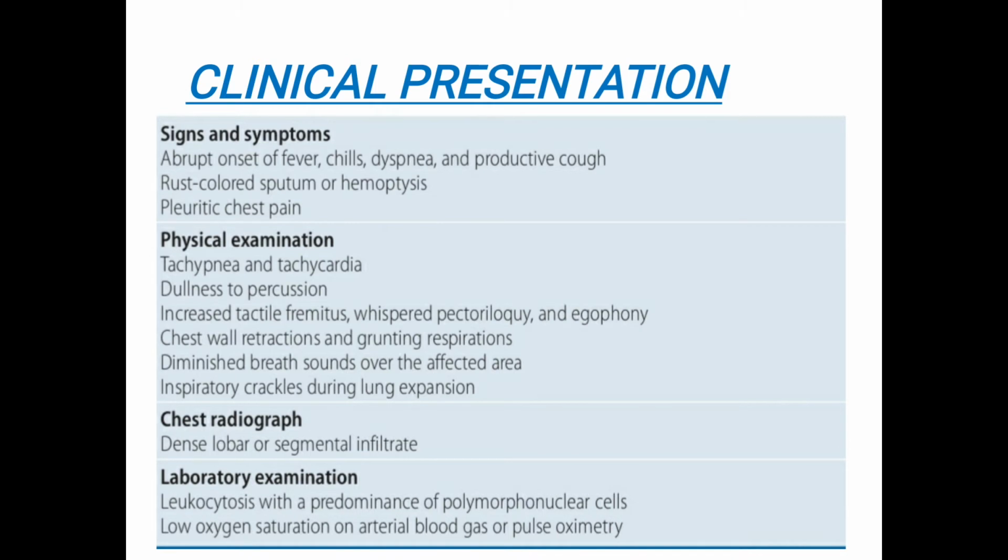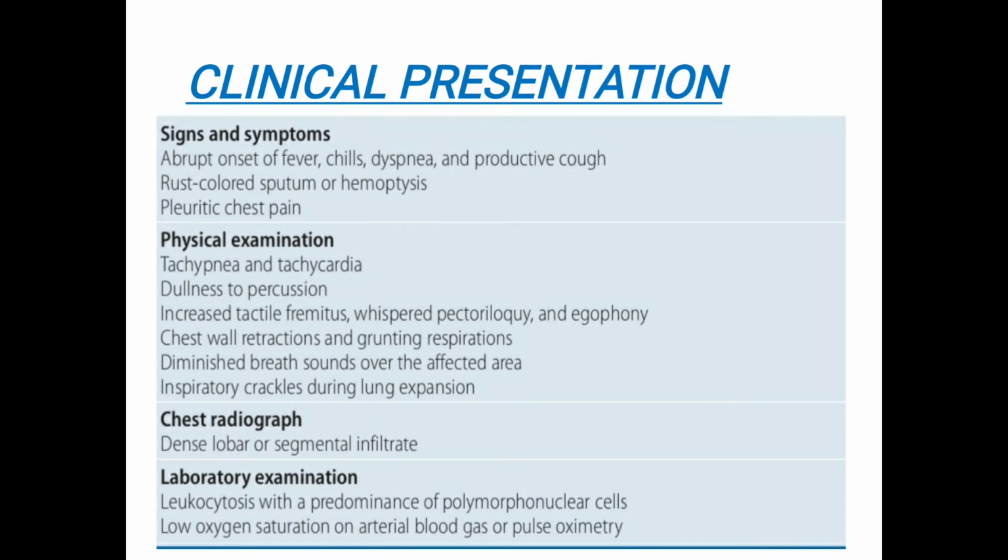Whispered pectoriloquy means an increase in the loudness of whispering, noted during auscultation with a stethoscope on the lung fields, whereas egophony is the increased resonance of voice sounds heard when auscultating the lungs, often caused by lung consolidation and fibrosis.